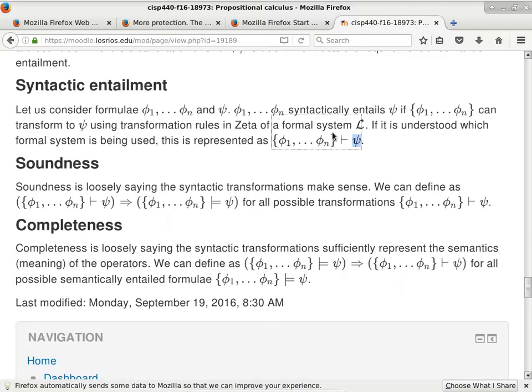Wouldn't it be more correct to say that zeta matches how mathematics is actually done? Because I know zeta has things like A and B implies A. Okay, let's back up a little bit. Zeta is a set of transformations, or we call inference, right? It doesn't mean that zeta has to match reality.